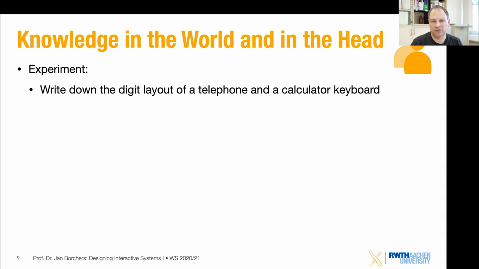It can be your smartphone, or maybe you actually still have a cordless phone with a keypad. And also draw the digit layout of a calculator. I'll give you a few seconds to do that.